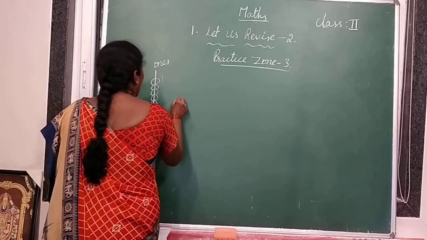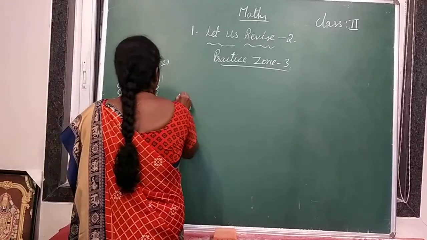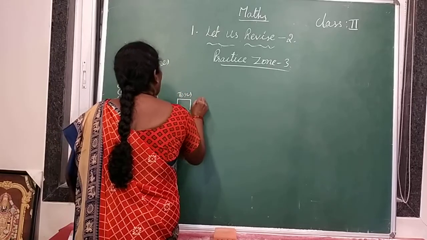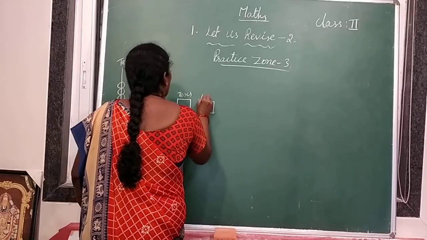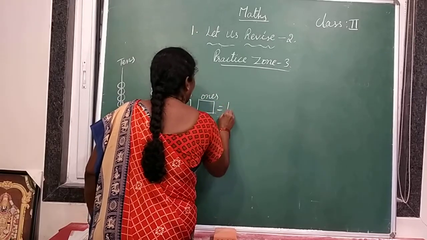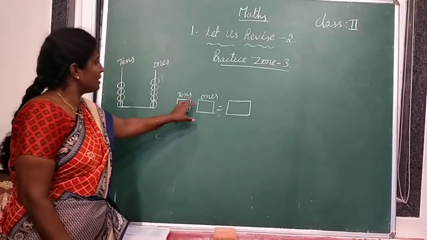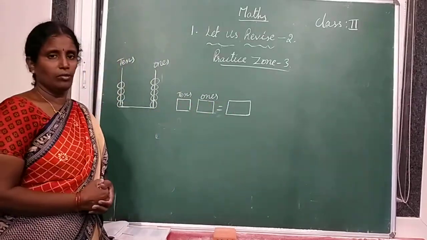Now you have to find the number. How many tens are there? How many ones are there? And what is that number? You have to find tens, ones and the number also.